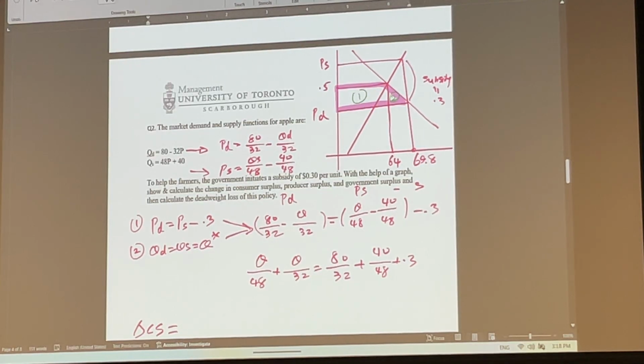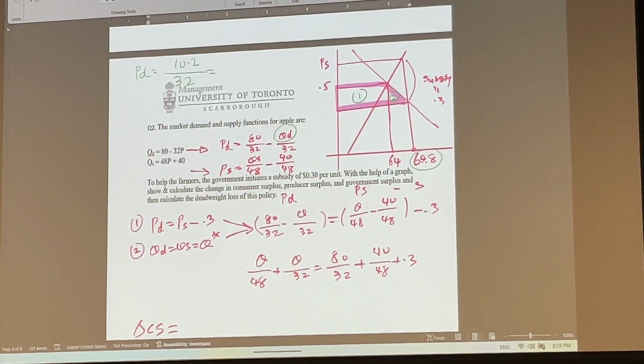And that would be how much? I need the price, so let's get the price. Put 69.8 there. The price the consumer pays should be 80 minus that, which is 10.2 divided by 32.